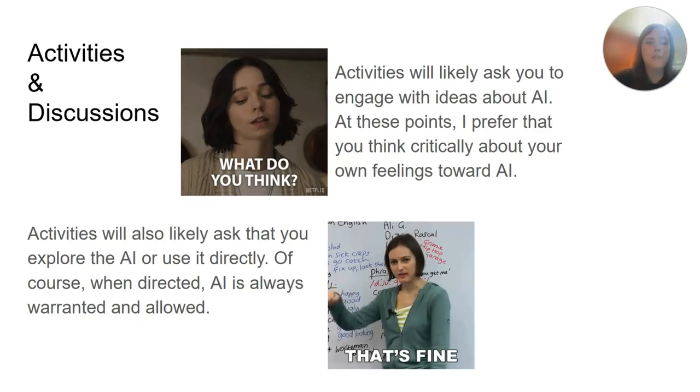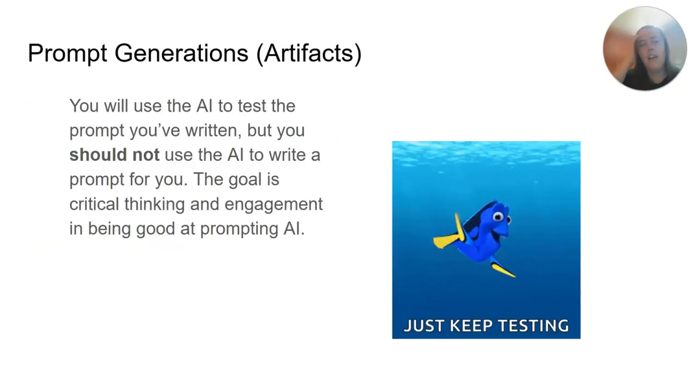So sometimes yes, sometimes no for this unit. You'll notice that in some of the artifacts, I will give you AI prompt generations. What I will be asking you to do for these is I'll show you a final output, and I'll ask you to write the prompt that you would need to put into AI in order to get that output.